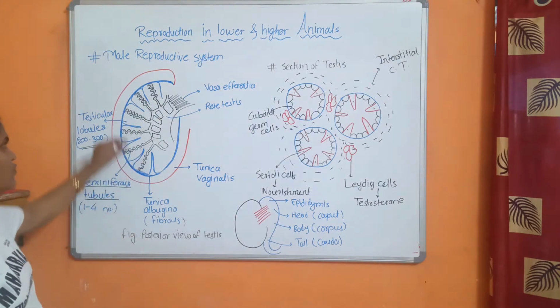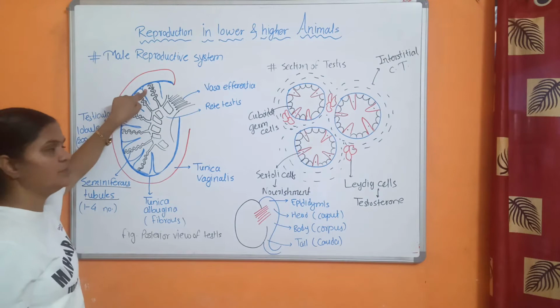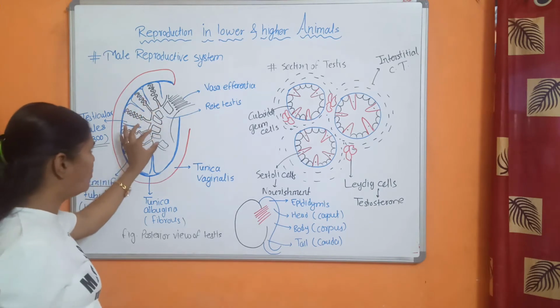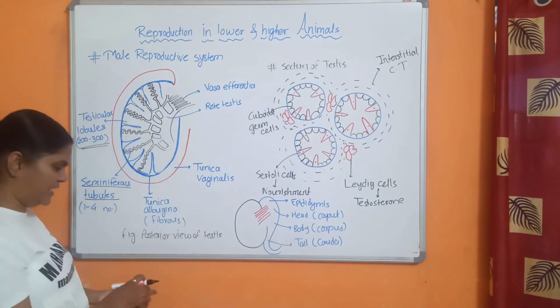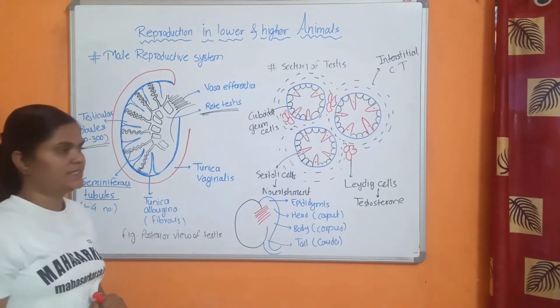Here I draw just one. So this is a seminiferous tubule. It is highly coiled, and here it becomes straightened and forms a network of tubules, which is called the rete testis.